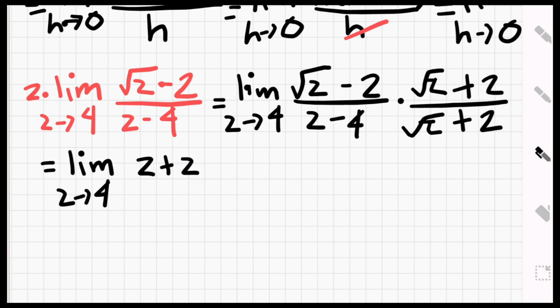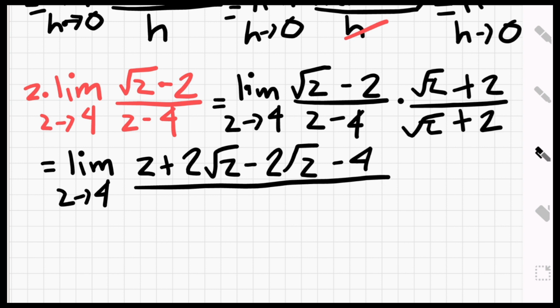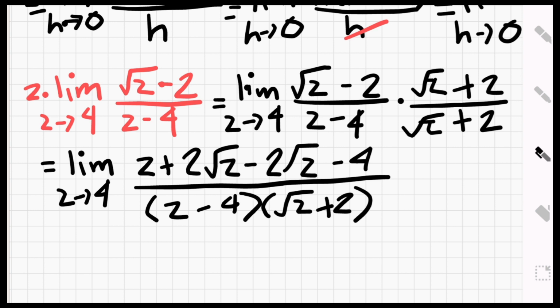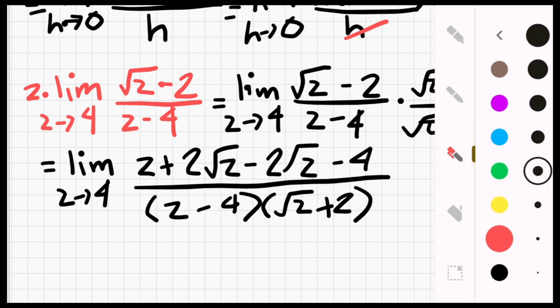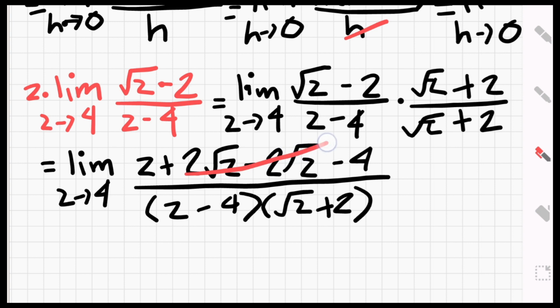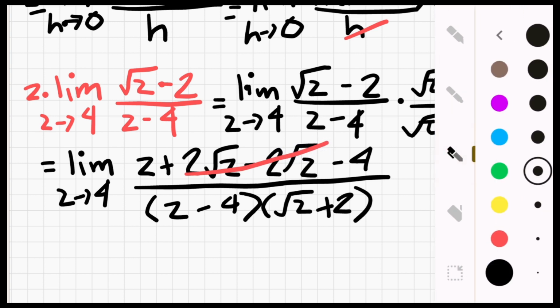Plus 2 times square root of z, minus 2 times square root of z, minus 2 times 2, which is negative 4, all over... We won't be using the FOIL method in the denominator. We'll just copy it. So z minus 4 times the quantity of square root of z plus 2. And then this is equal to 0.